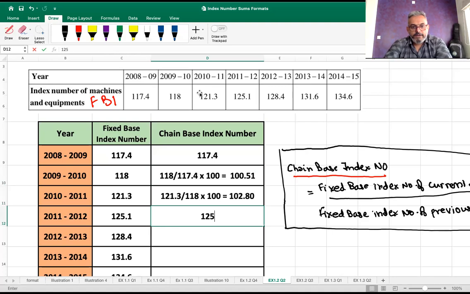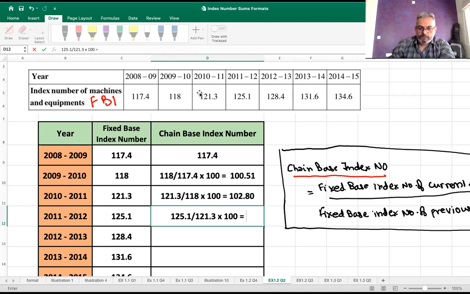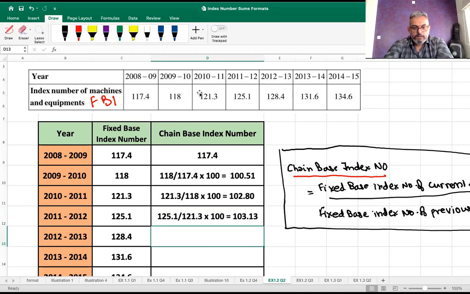Then 125.1 divided by 121.3 into 100 is equal to 103.1327, so 103.13. Then 128.4 divided by 125.1 is equal to 102.64.